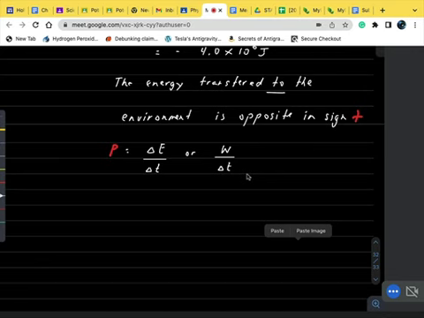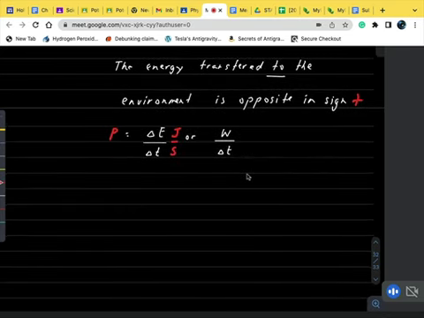So the joules is on top, seconds on the bottom, which means the unit for power is joules per second.